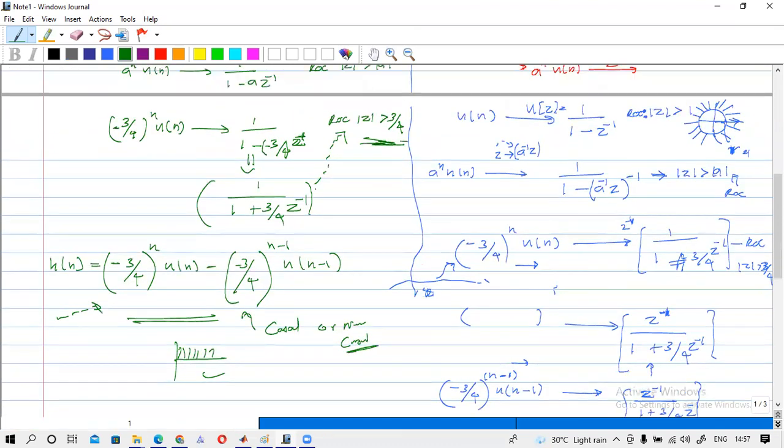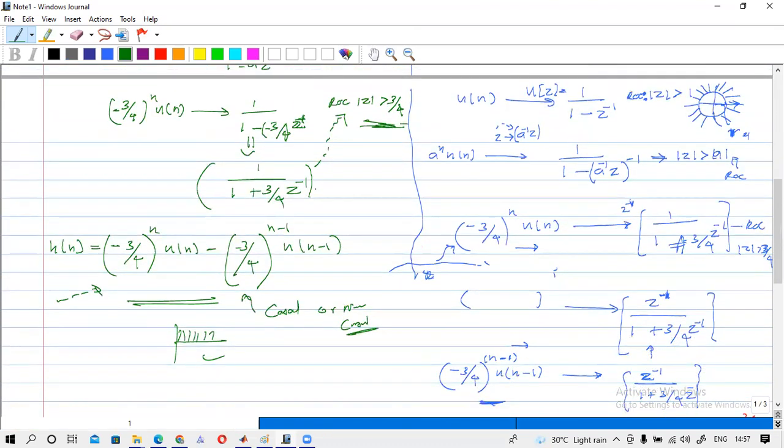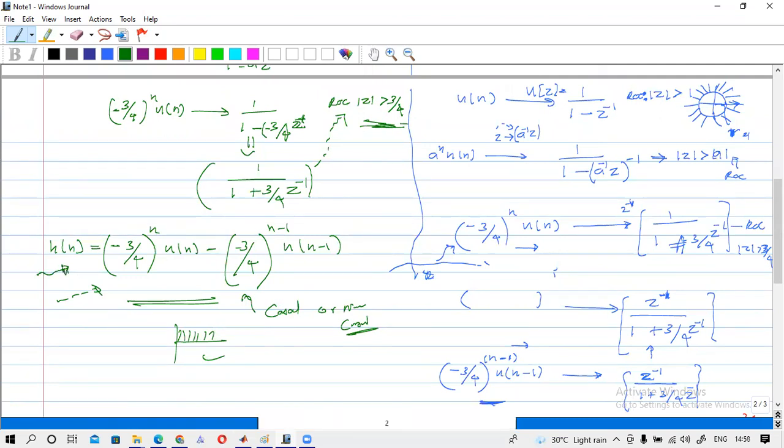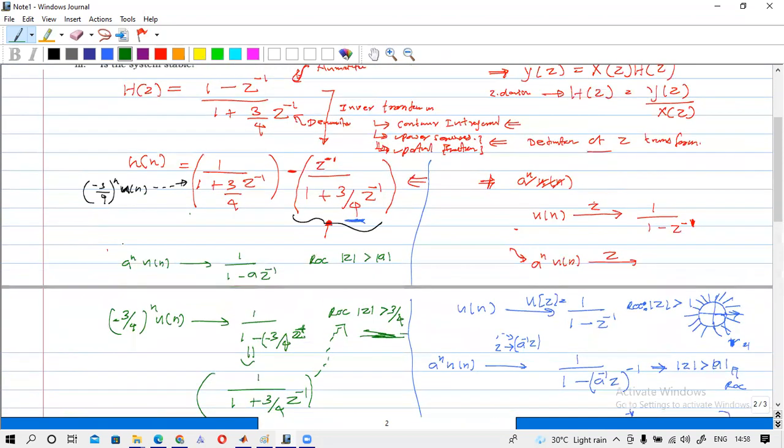Actually, if I gave this exam, I would not be expecting the final answer, but if you can put the final answer, it is better. If you have given a try, if you try to use the partial fraction and apply some property to get this Z transform, then although your approach may or may not be correct, you will get some marks.